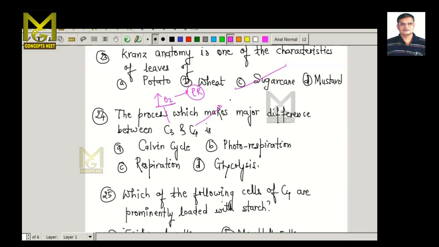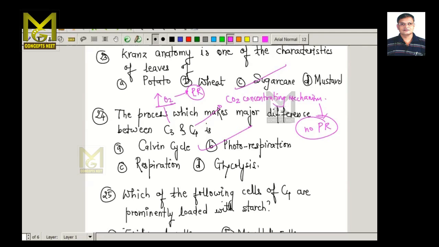But in C4, there is a mechanism we call the carbon dioxide concentrating mechanism. Because of this, no photorespiration takes place in the C4 cycle, whereas in the case of C3, there is a possibility of photorespiration. So the correct option in this case is photorespiration.